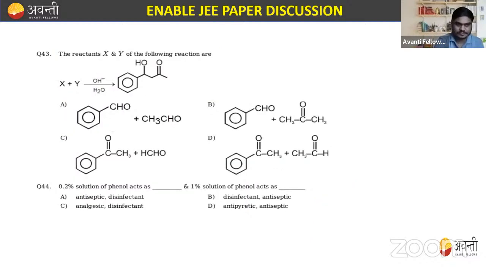Now, question number 43. This one is also a very important question, and basically this question is from the aldehyde and ketone chapter. You have to identify the reactants X and Y of the following. Observe, what is the reagent we use? That is a base in presence of aqueous, that is, dilute alkali.